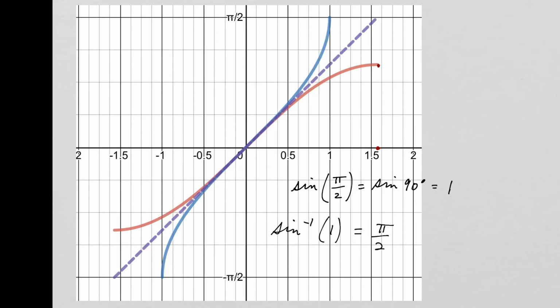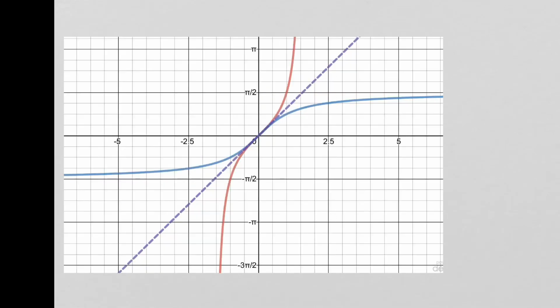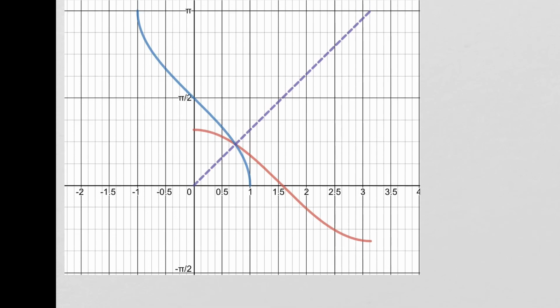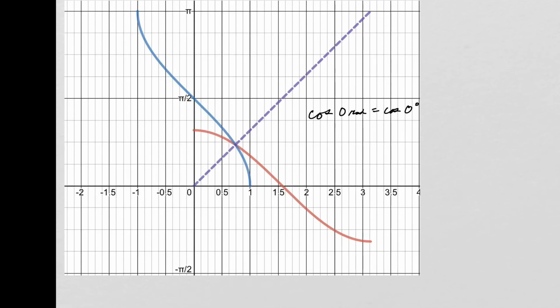Okay, let me do the same thing for cosine. Okay, so let's say I'll use 0, right? We know that cosine of 0 radians, which is equal to cosine of 0 degrees, is equal to 1, right? And we can see that in the graph right here.